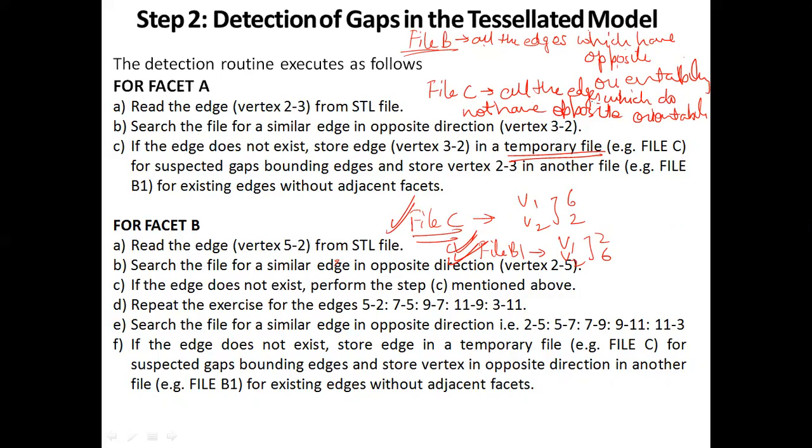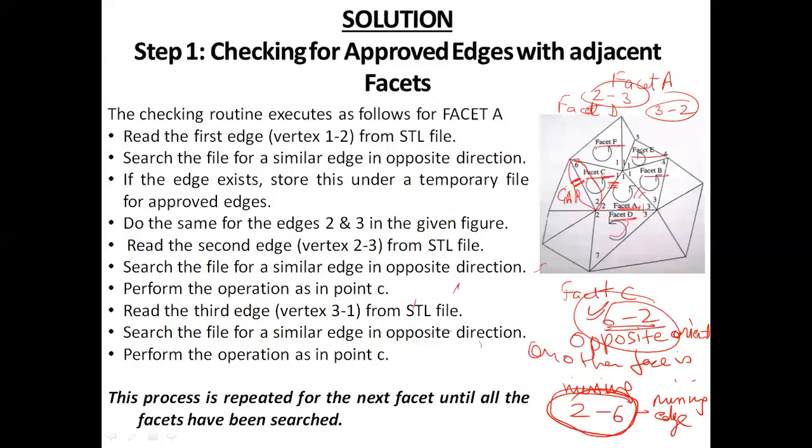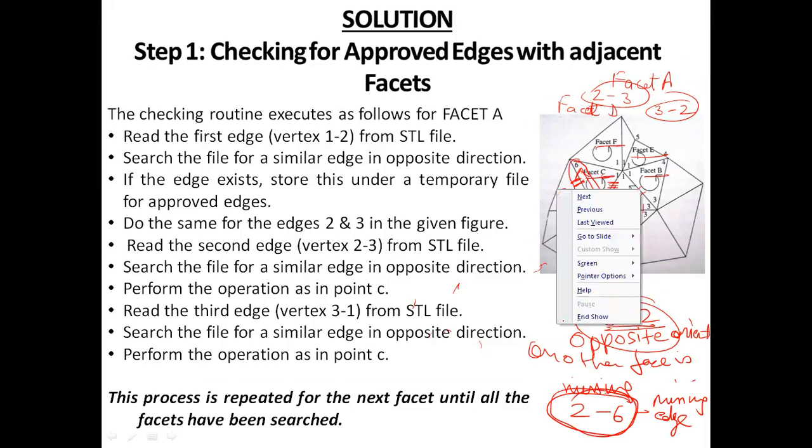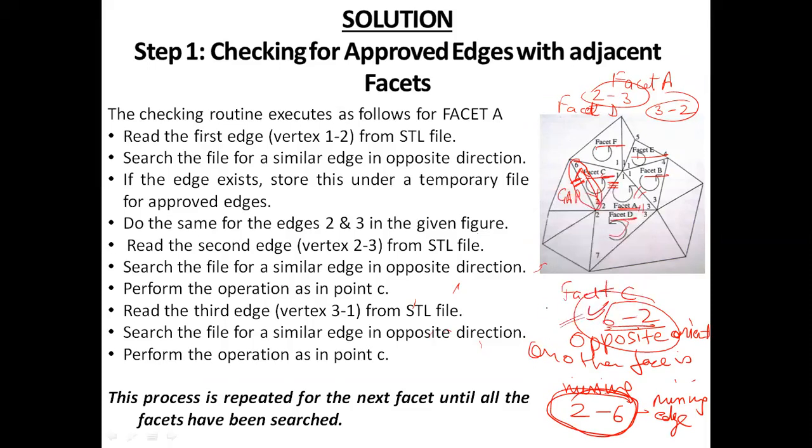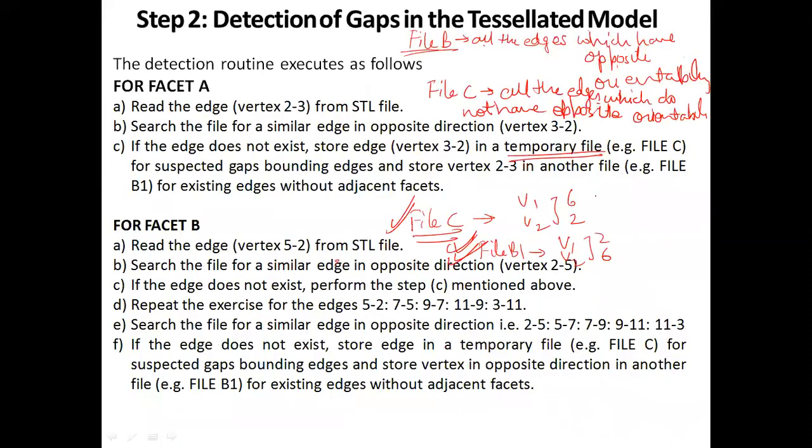File C contains all the edges which do not have the opposite orientability. So 6 and 2, from this example, is the edge of the facet which is missing the opposite orientability.